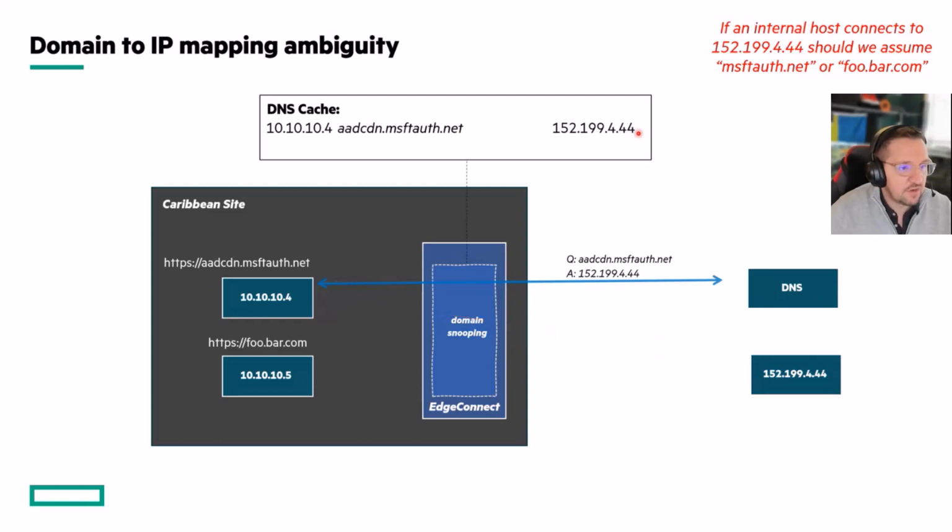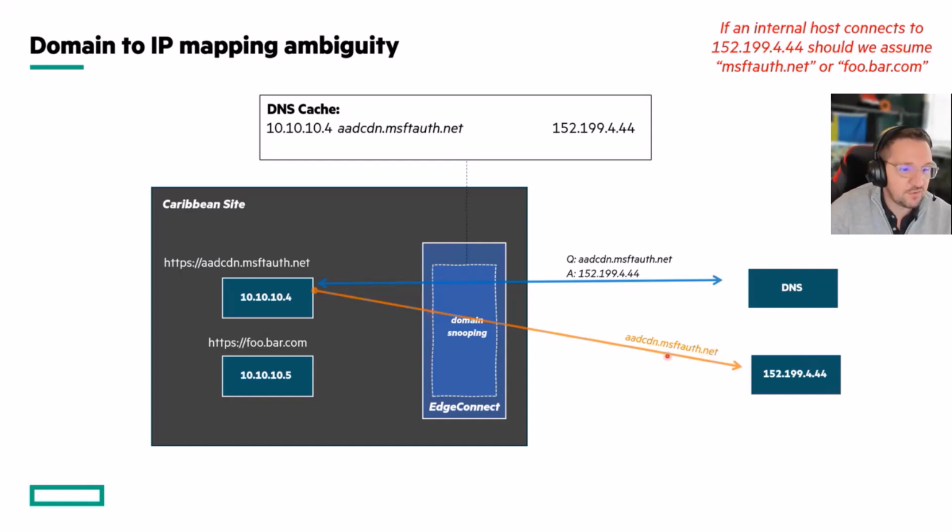So what that means is that now that this DNS cache is in the memory, the moment the user's Office application opens a TCP socket to the IP address that it just resolved, we immediately know that, hey, this 10.10.10.4 connected to 152.199.4.44. Therefore, the domain must be aadcdn.mstauth.net, and we know that this domain is mapped to Office 365 Common.